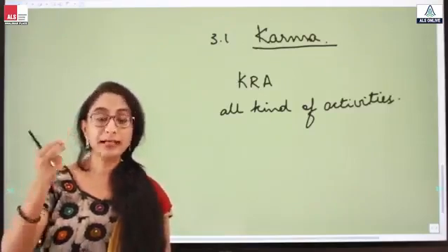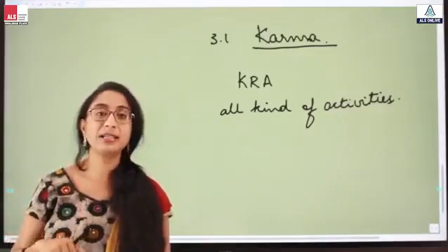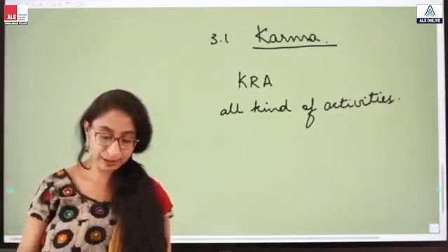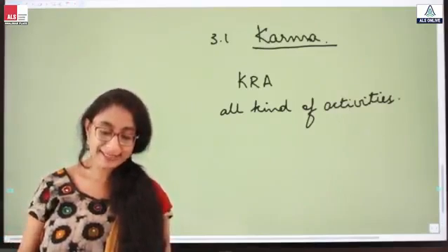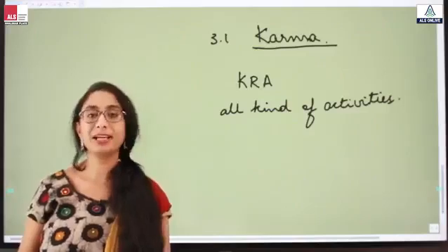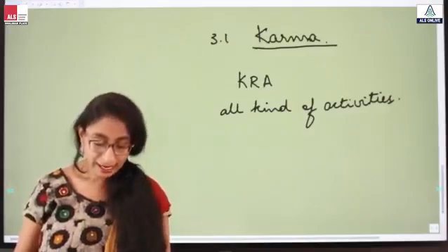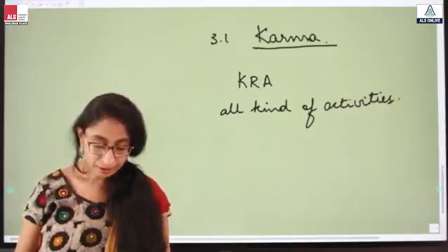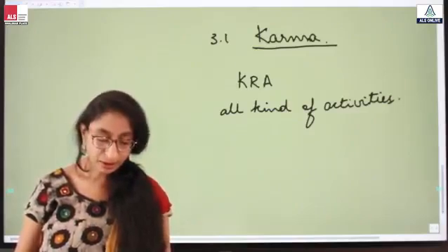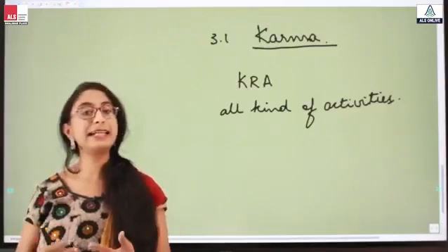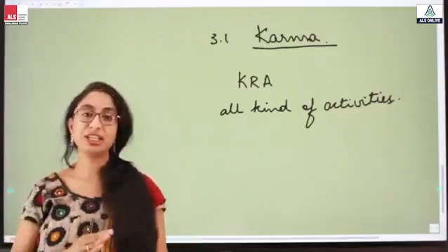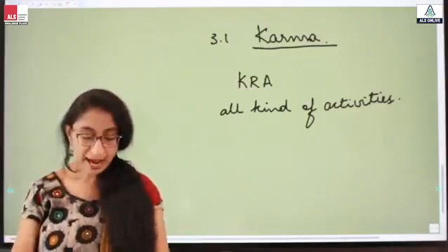Based on that, what is allocated for us in this present incarnation or birth is called prarabdha karma. Then agami karma is the portion of karma created by the actions in our present life, which also gets added to sanchita karma.